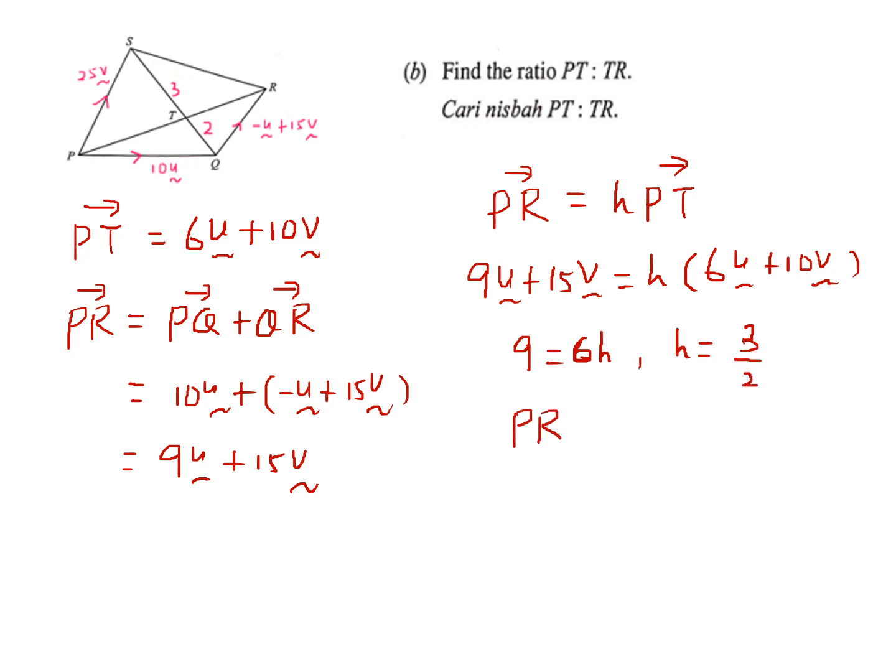Thus, we get vector PR equals 3 over 2 vector PT. By referring to the diagram, PR is 3 over 2 PT, meaning PR is 3 parts, PT is 2 parts, where TR is 1 part. Then the ratio PT to TR is 2 to 1.